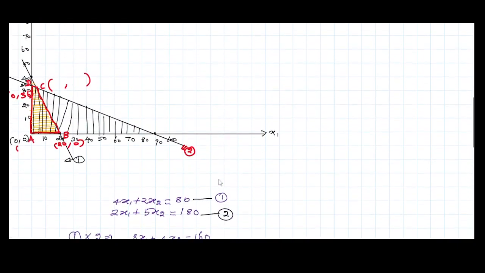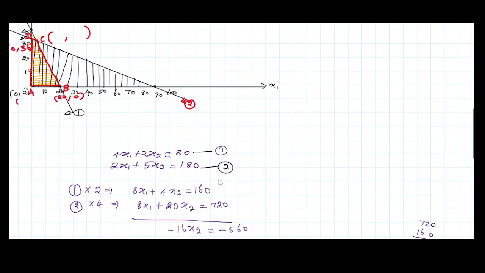Therefore, the point C is 5 by 2 comma 35.